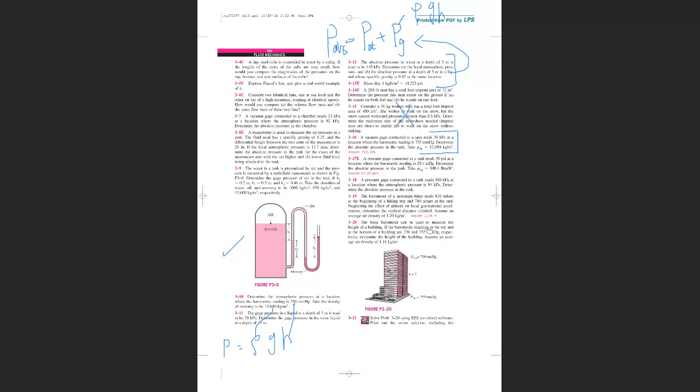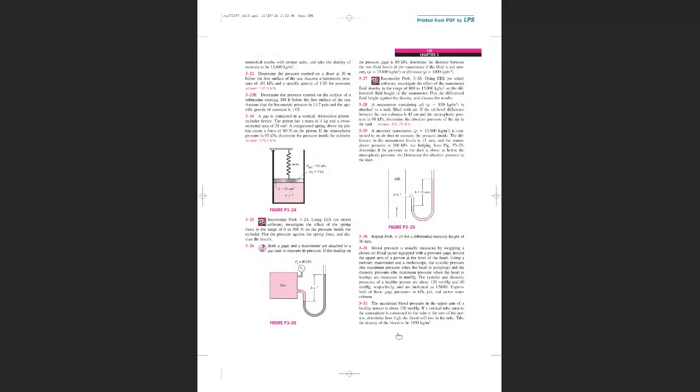Okay, we have 22. Question 22. Determine the pressure exerted on a diver at 30 meters below the free surface of the sea. Assume barometric pressure of 101 kPa. So you are given the atmospheric pressure, you are given a specific gravity.